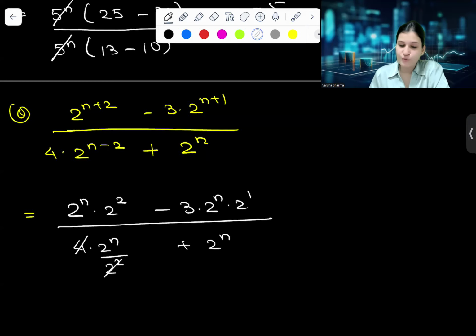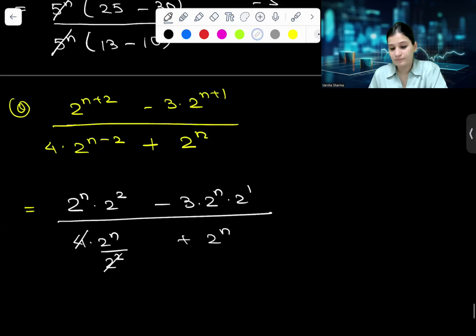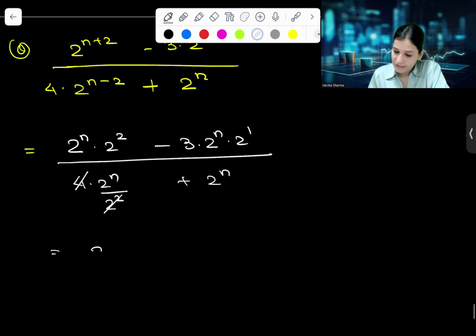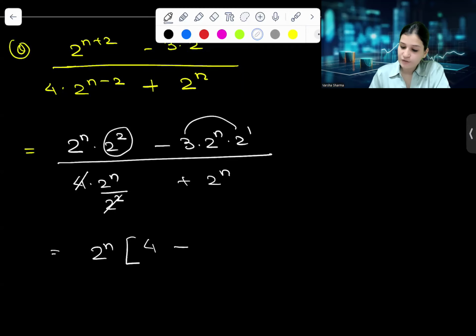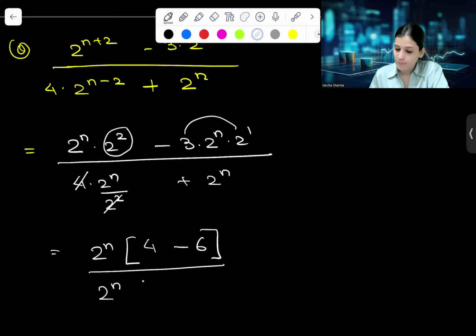Now this 4 and 2 square gets cancelled. In the numerator, taking 2 power n common, I'm left with 2 square 4 minus 3 into 2, 6. And in the denominator, if I take 2 power n common, I'm left with 1 plus 1.